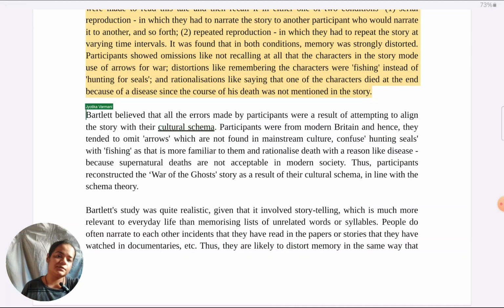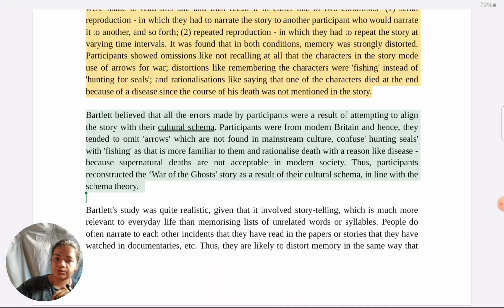Just see how the linking has been done here. Again, I don't want to read word for word, but I want you to see how the study has been used to further the argument about schema theory. Initially, we just explained the argument very briefly, that the use of schemas after the event has taken place causes distortion of the memory for that event.